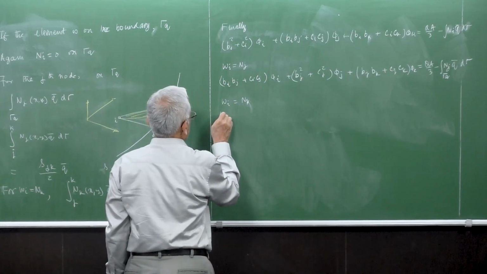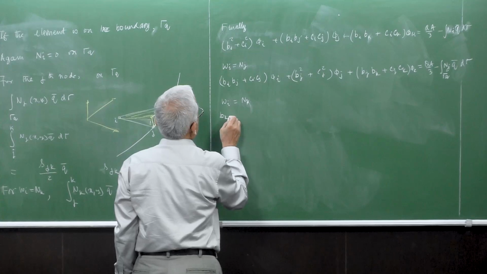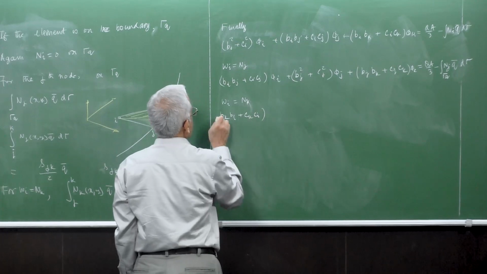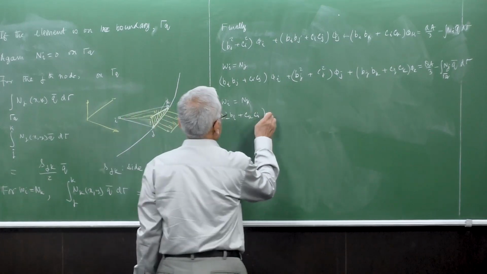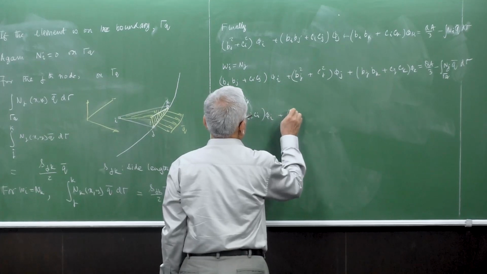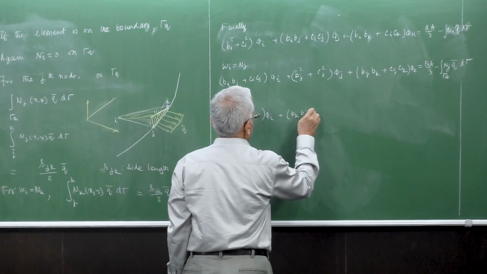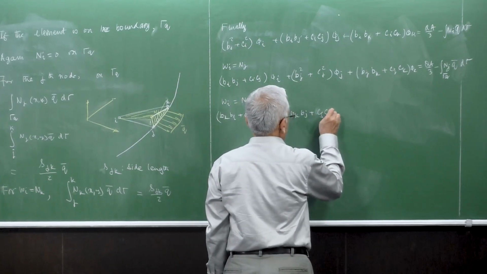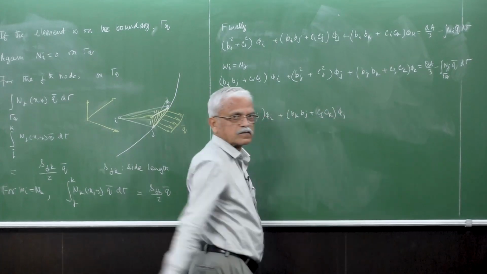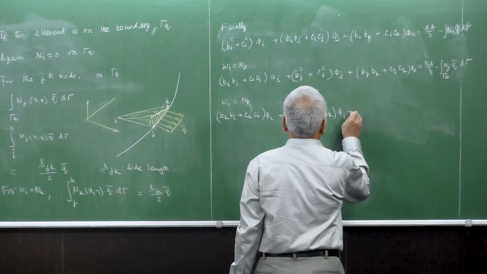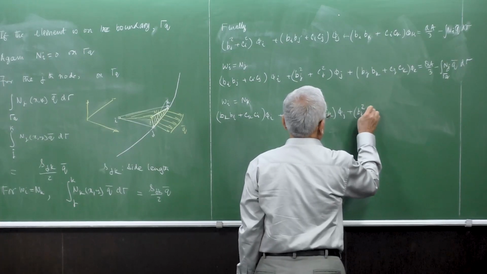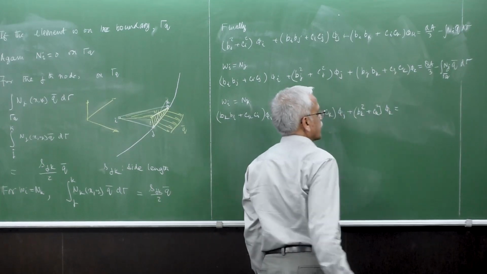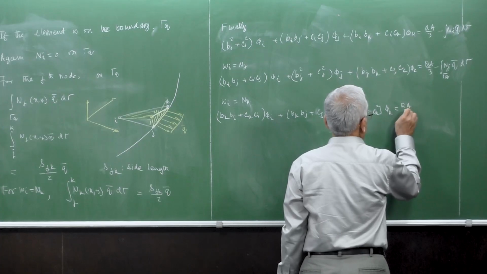So we get bk bi, ck ci, yi, bk bj, cj ck, plus pk square plus ck square is QA by 3.